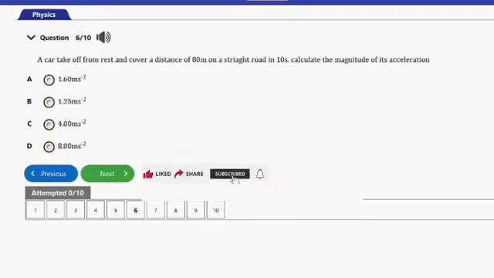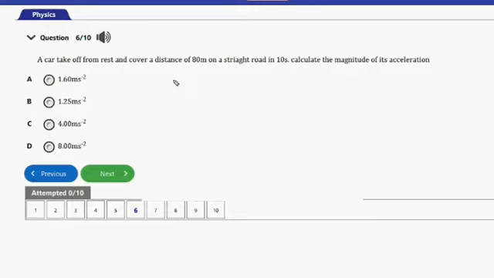So guys, the next question we have here is question number 6. It says, a car takes off from rest and covers a distance of 80 meters on a straight road in 10 seconds. Calculate the magnitude of its acceleration. So guys, for this question, we are going to calculate the magnitude of the acceleration of this car.